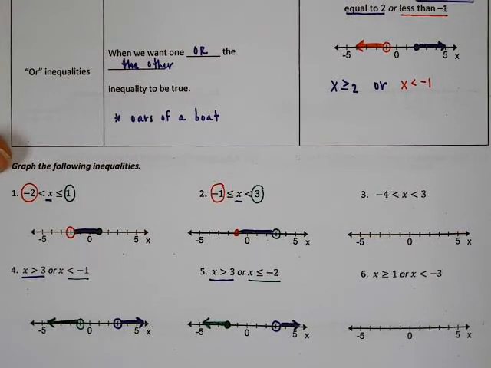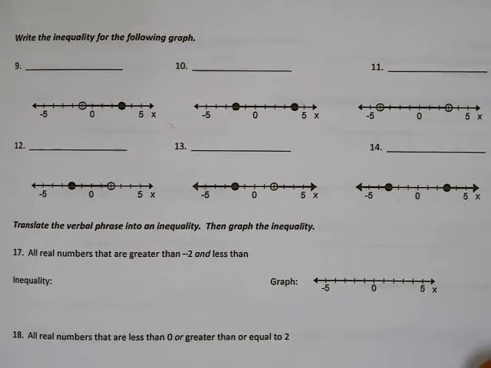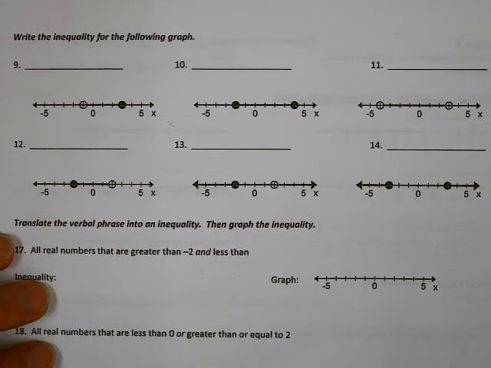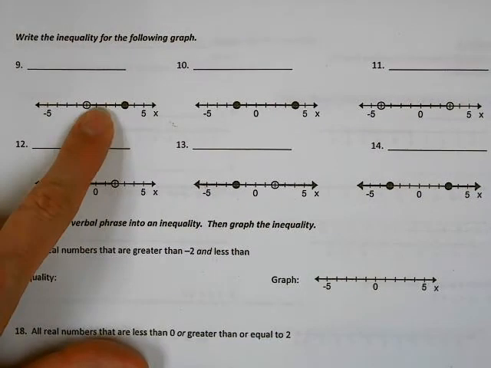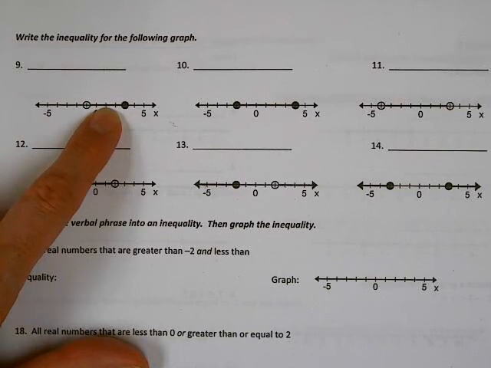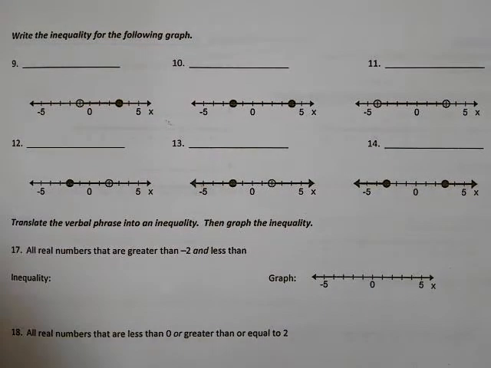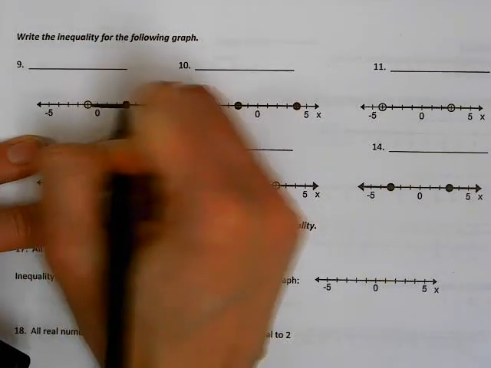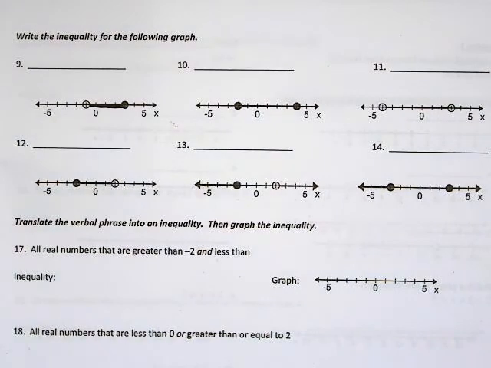The next thing we're going to do, much like when we were doing simple inequalities, is now we're going to actually write the inequality if we're given a graph. So if I look at number 9, the first thing I need to notice, and I know sometimes it's kind of hard to see, this shading is in between these two values. I know it's hard to see, but you can tell it's a little darker here. So my shading is in between, which tells me that this is an and inequality.